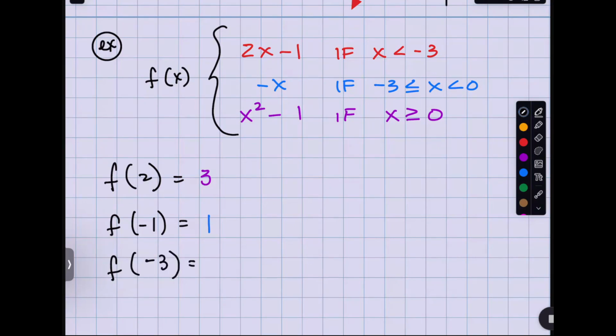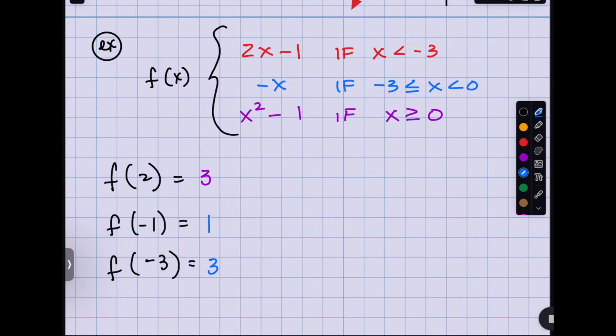How about f of -3? Red? Blue? Correct. The -3 is in blue because the blue includes the -3.